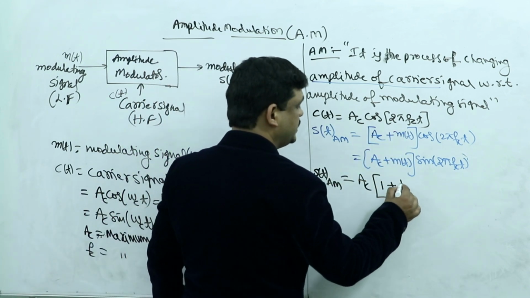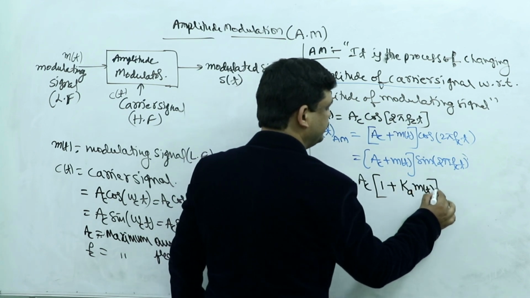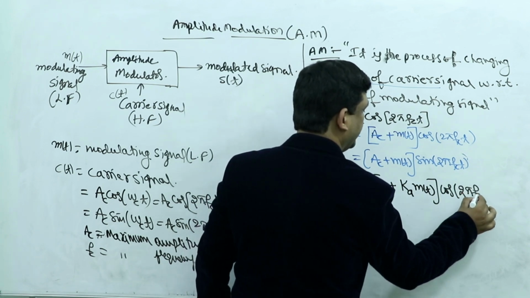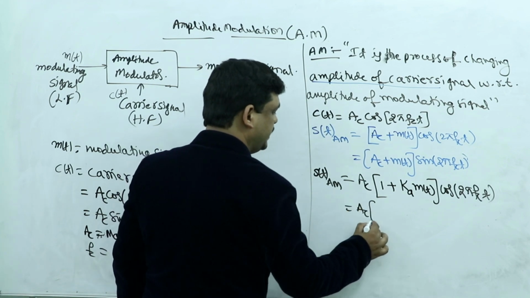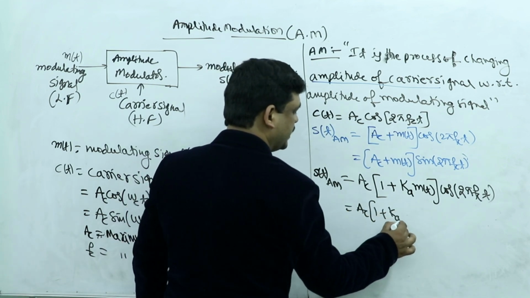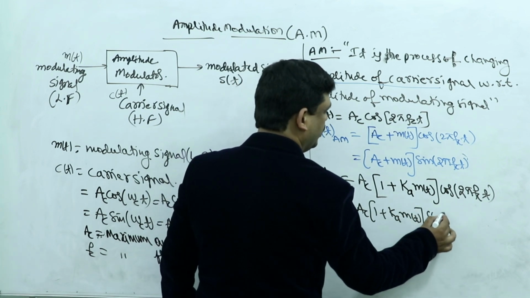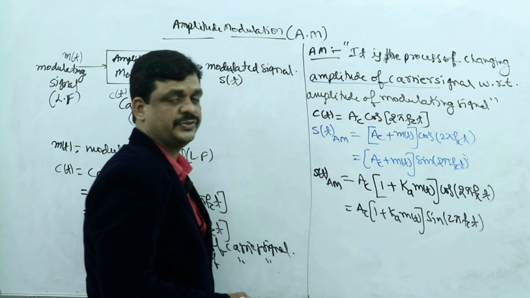That 1 by AC is also called Ka into M of t into cos of 2 pi FCT, or we can write like this: AC into 1 plus Ka into M of t into sine of 2 pi FCT, in terms of the sine function, in terms of the cos function.